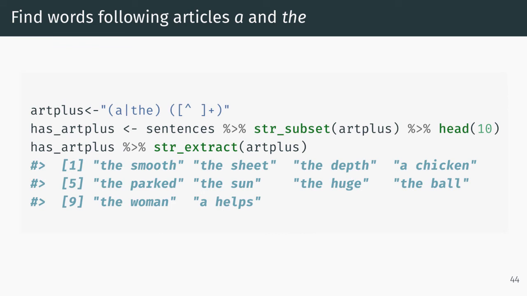There's a section now in the textbook where they try to find subjects of sentences, and I sort of take exception to that. If you want to do natural language processing, R is not the right tool for the job. There's a very popular library in Python called spaCy that's currently the fashionable way to do natural language processing.